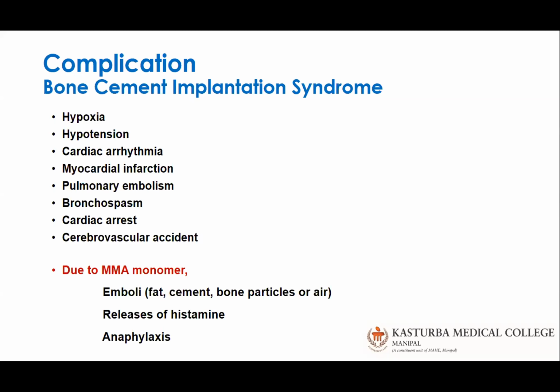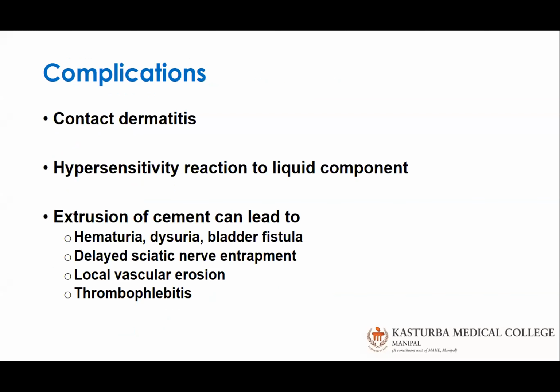This occurs during pressurization, during implanting, and also during reduction. During reduction, the cement particles which are in the blood get released immediately into the system and go via the venous plexus into the lungs. Fat embolism, release of histamine, and finally anaphylaxis.